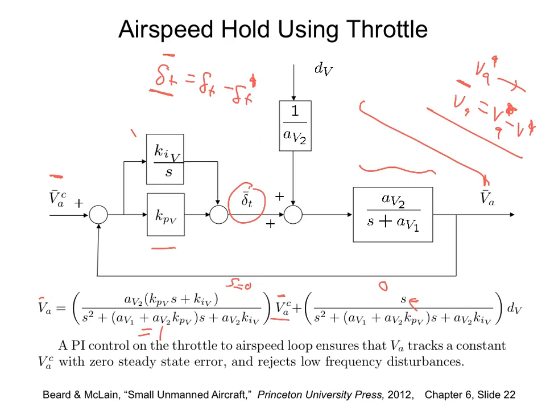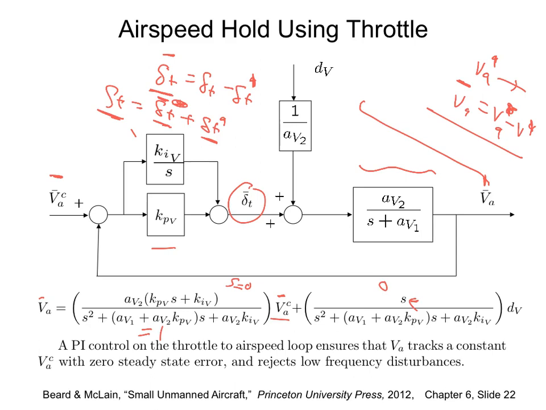So the actual throttle will be delta t bar plus delta t star, extra to the trim condition. So to get a deviation in airspeed from trim condition, you need a deviation in throttle from trim condition. That's the idea here.